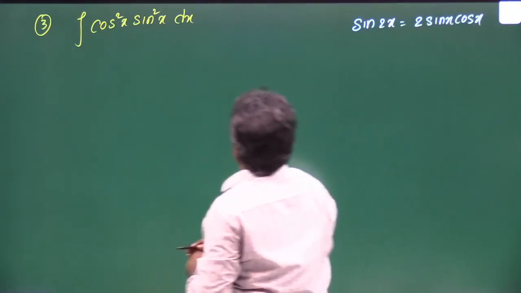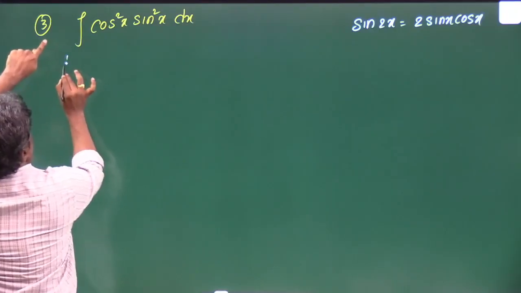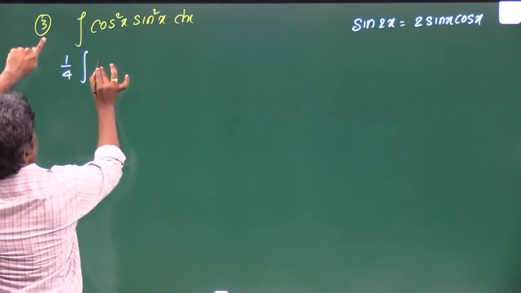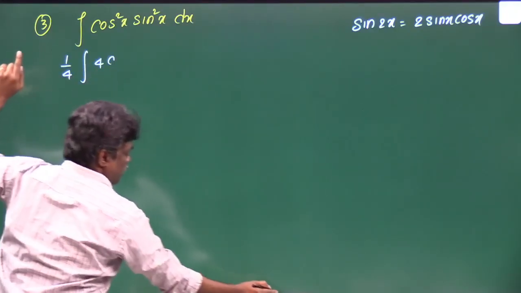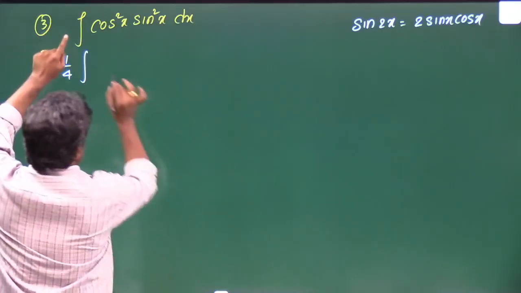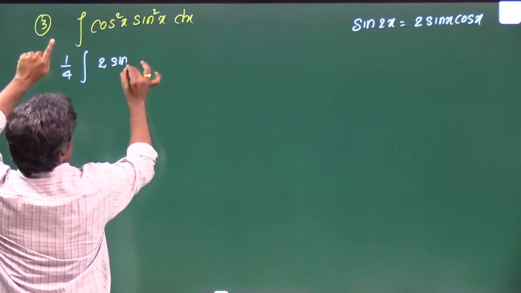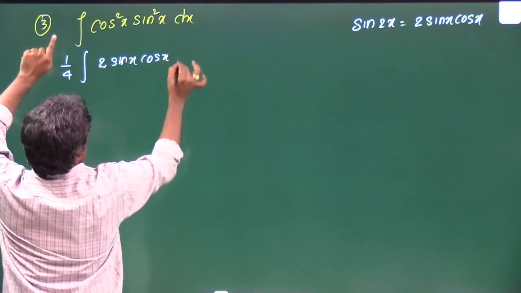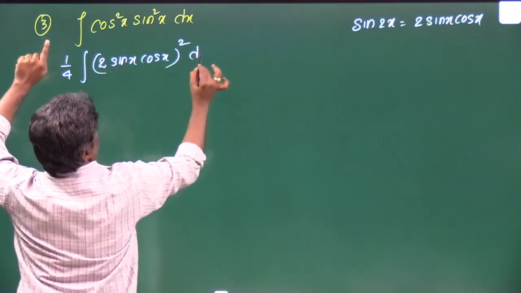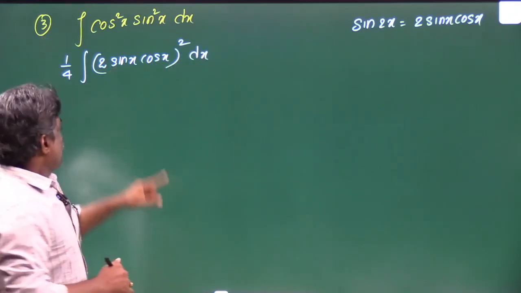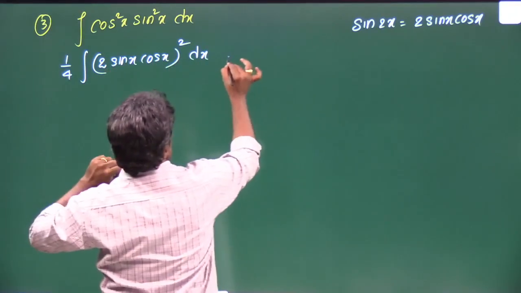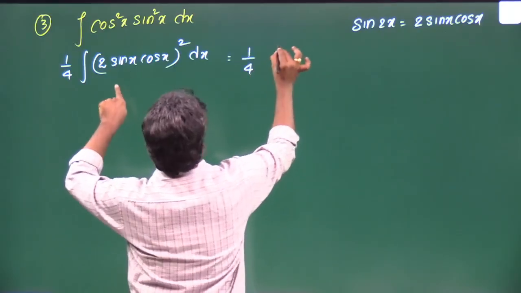But here 2 is missing, so let me divide by 4, and I hope you can write this as 2 sin x cos x whole square.